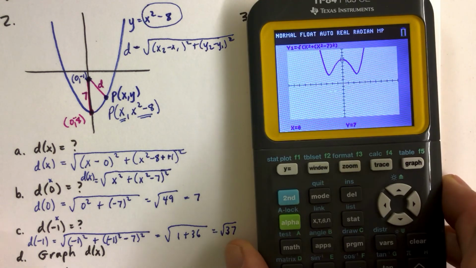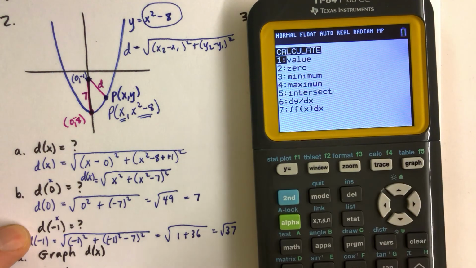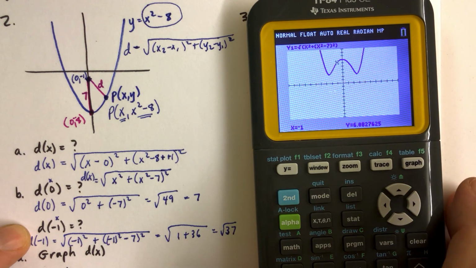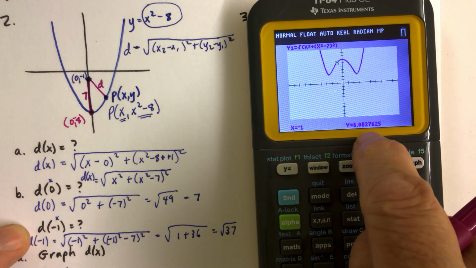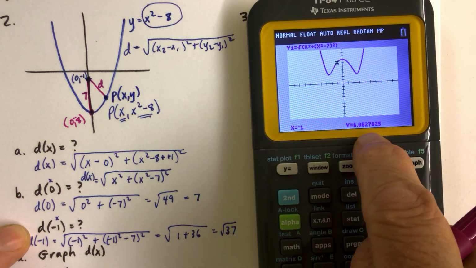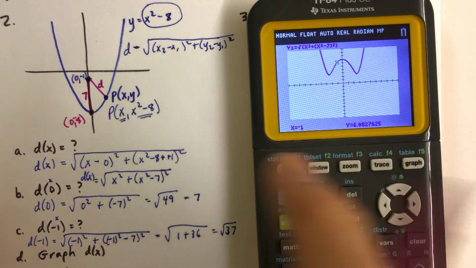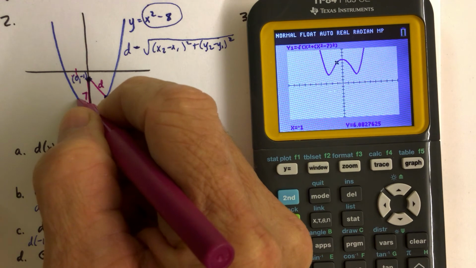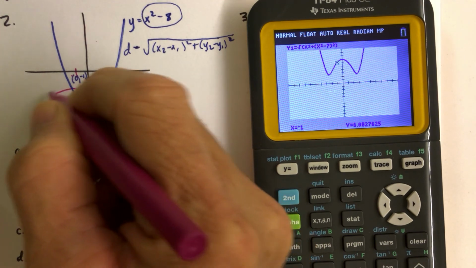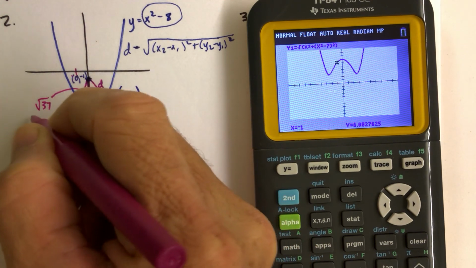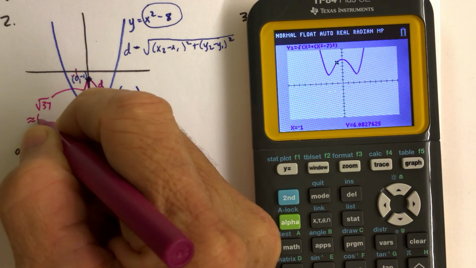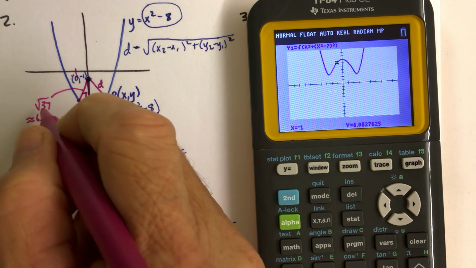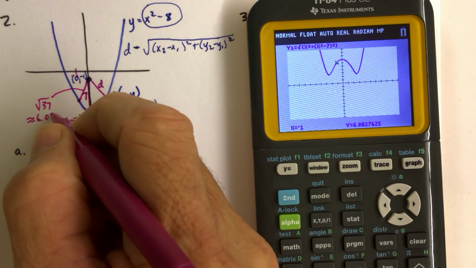And then what did we find? We found the value of the function when x was equal to -1. And if you type in a -1, you see the ordered pair -1, 6.083. That means if x is equal to -1, the distance would be radical 37, which, as you can see on the screen, is about 6.08.